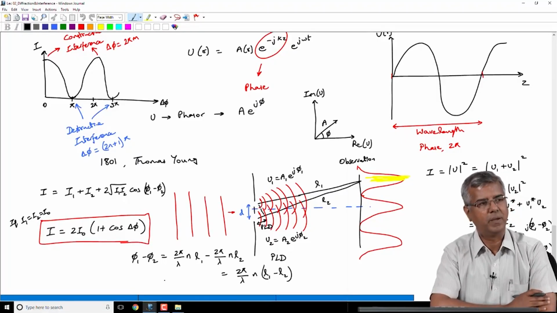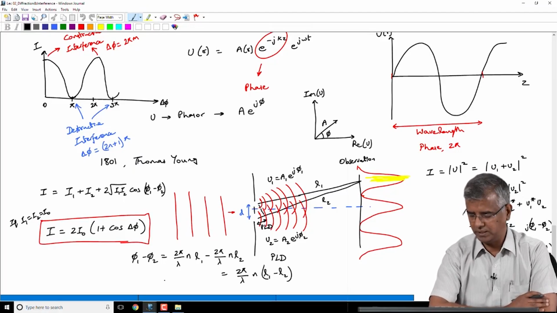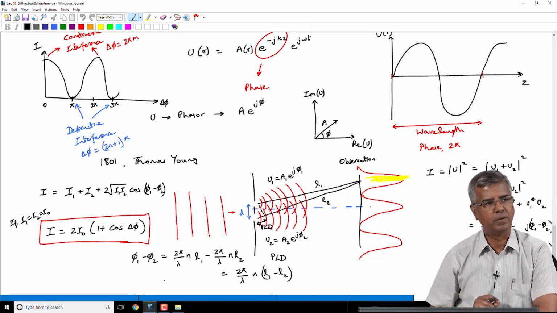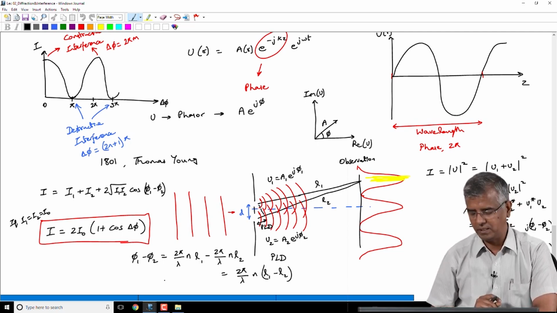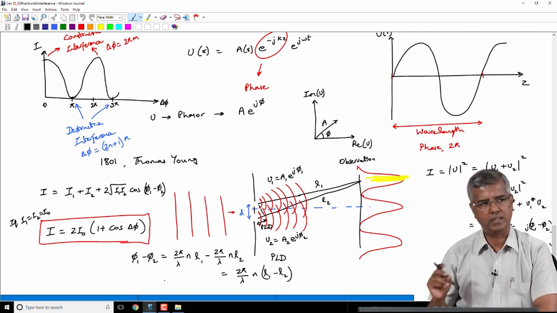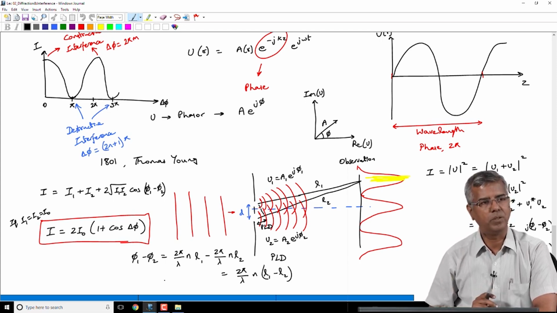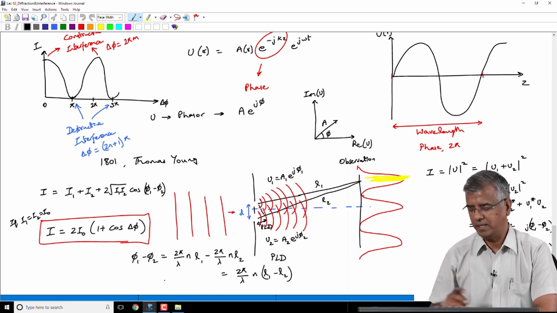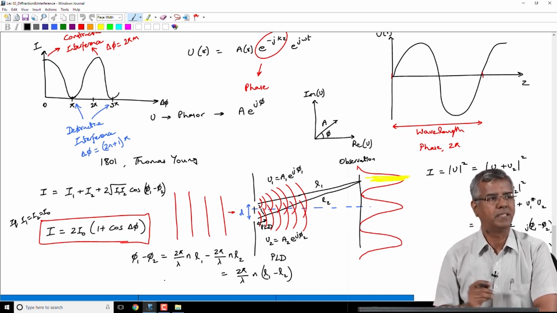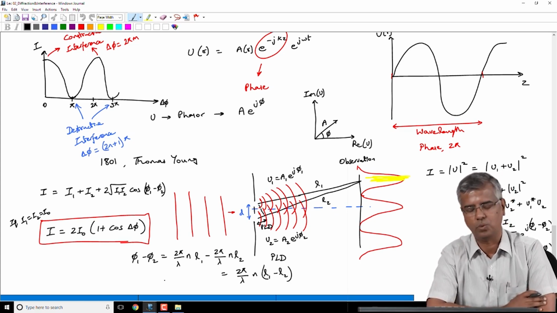So we looked at the example of Young's double slit experiment, through which we said, okay, when two secondary wavelets are generated through the slits, which are of size comparable to the wavelength of light, then they could interfere in the far field, providing bright fringes at some points and dark fringes at some other points and so on.